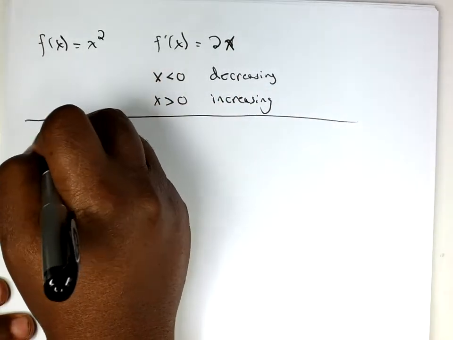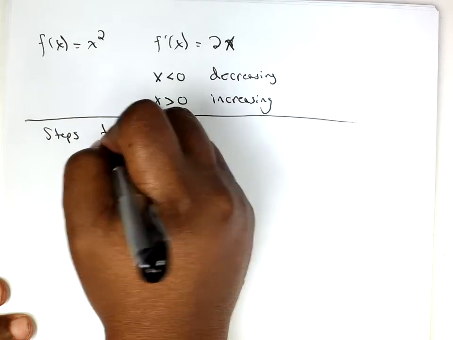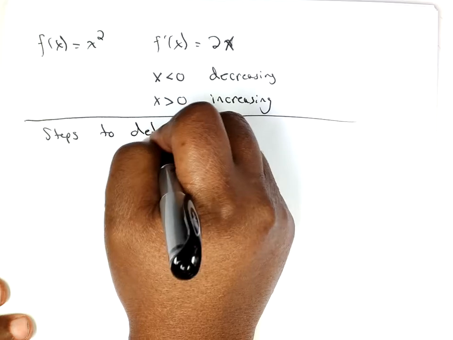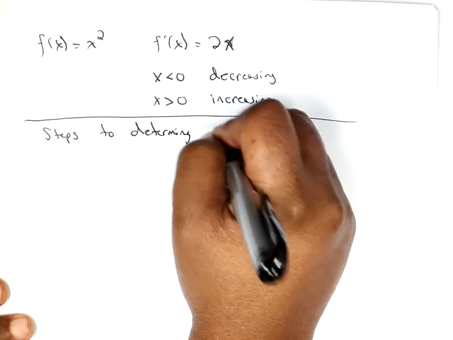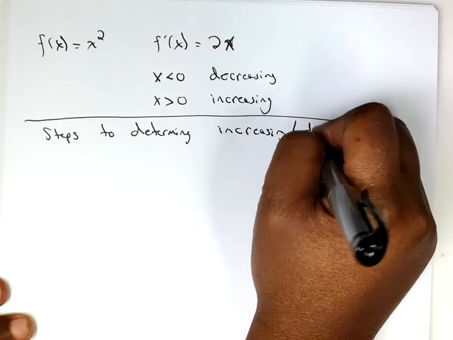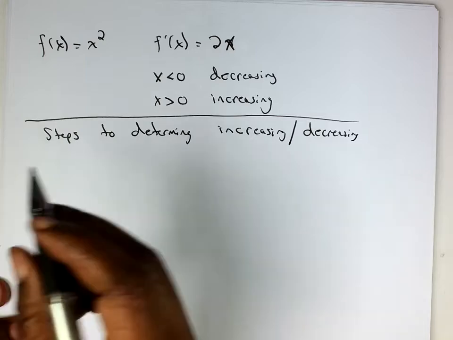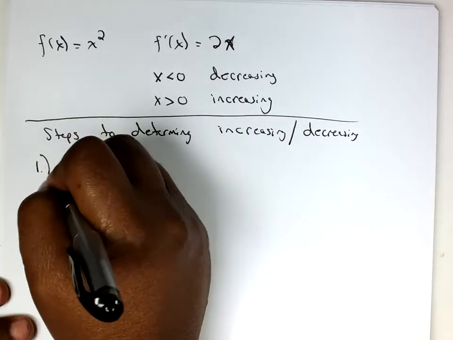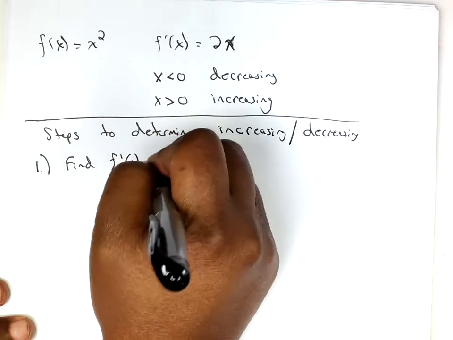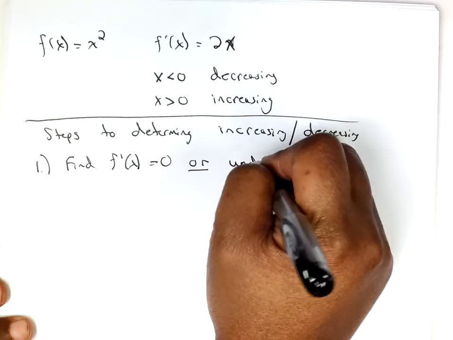So the steps that we're going to use to determine whether the function is increasing or decreasing: the very first thing we have to do is find where the derivative equals 0 or where it's undefined.